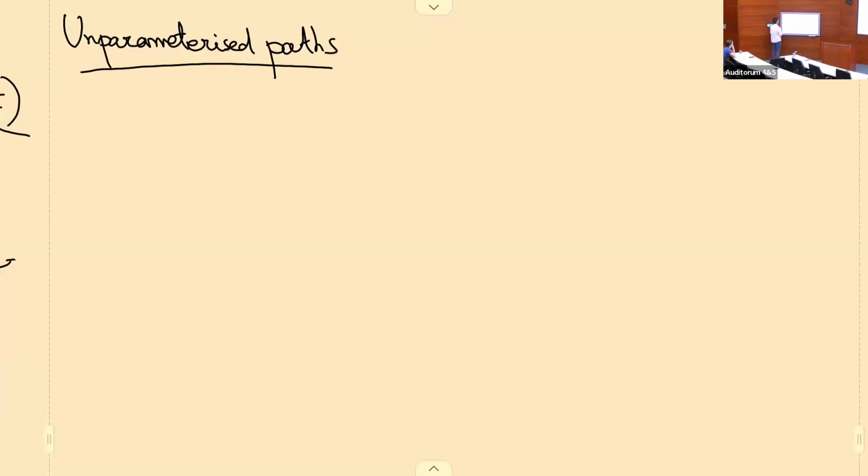We've already seen that if I reparameterize one path by a lambda, I don't change the signature. And it's sort of obvious that if you shift the path by a constant, you don't change the signature either. So the signature doesn't see the initial point of the path either.